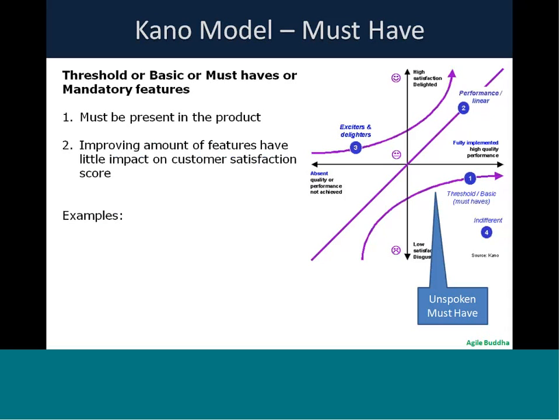Some examples. For example, you enter into a hotel. Think about this. You see a bed, you have a bathroom, you have a desk, you have a TV. Those are must-haves in a hotel room. What happens if they are not there? Then you are going to get completely dissatisfied. You will say, well, this is not a good hotel. But does it make any difference that instead of one TV, you have two TVs? It will not increase your customer satisfaction.